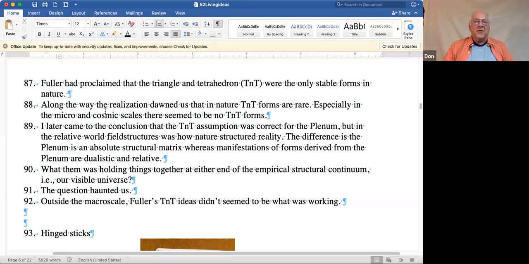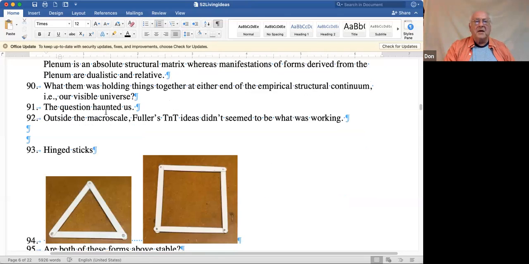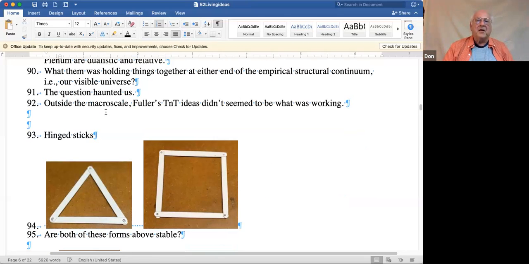What then was holding things together at either end of the empirical structural continuum, i.e. our universe? What's holding this universe together? The question haunted us. Outside the macro scale, Fuller's TNT ideas didn't seem to be what was working.